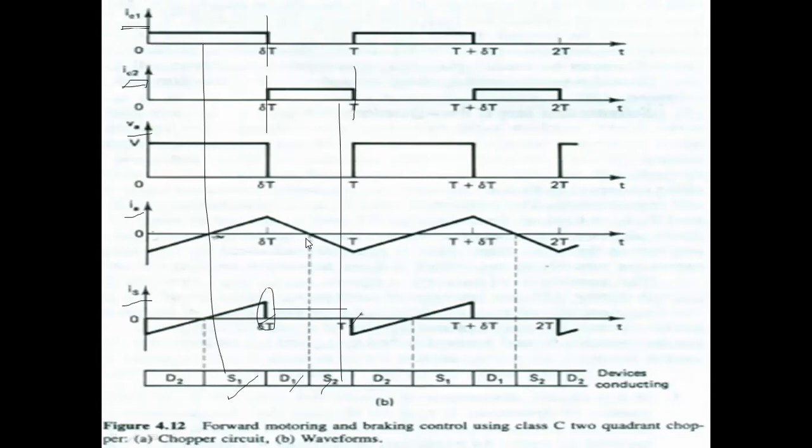As I explained before, if IA is 0 for some time, it may be considered as discontinuous conduction. The current becomes 0 either during the freewheeling interval or when the energy is being transferred. In these two conditions, IA will be 0.